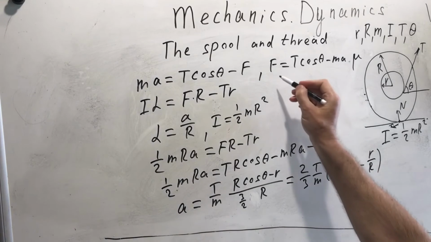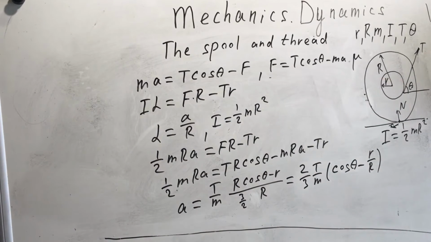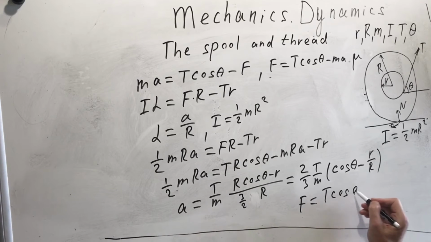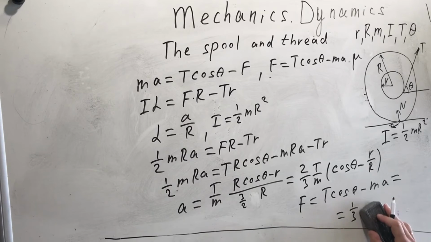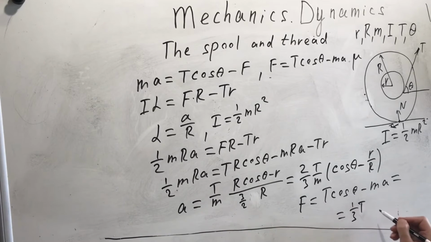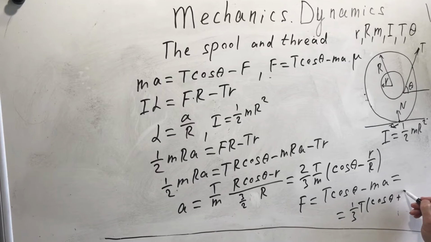We have force of friction, we have this equation, so we have force of friction equal T cosine theta minus ma, which is 1/3 T multiplied by cosine theta plus 2r over R. This is force of friction.